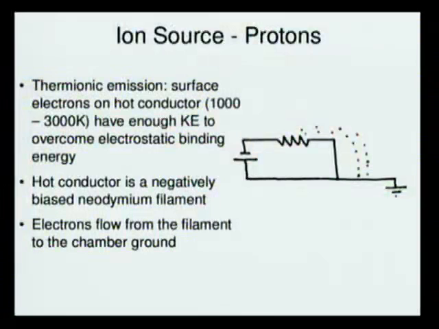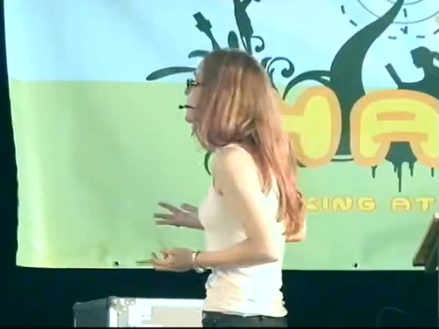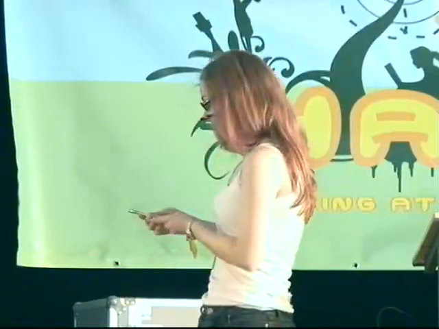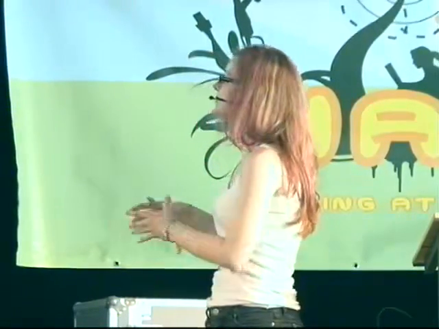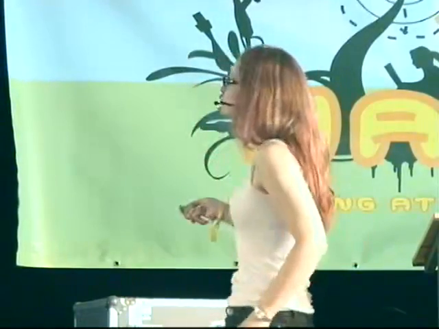Now, if you have a source that is more positively biased than that conductor, the electrons then are accelerated towards that positive thing, because that is what electrons do. In this system, an easy way to do this is you use a neodymium filament. A neodymium filament gets very, very hot if you apply a fairly small voltage to it. Okay.